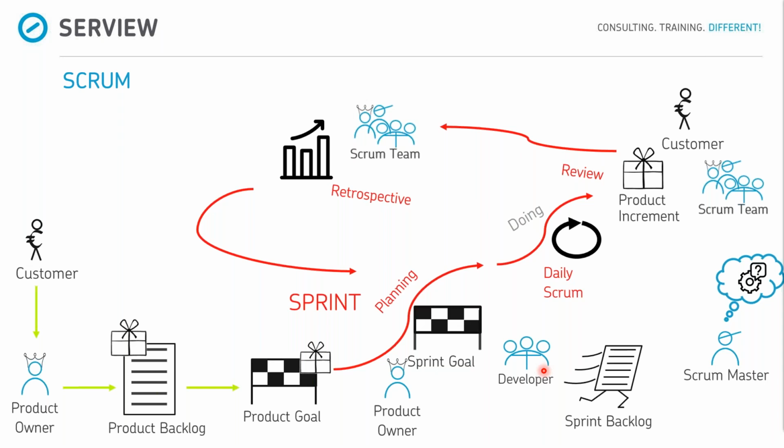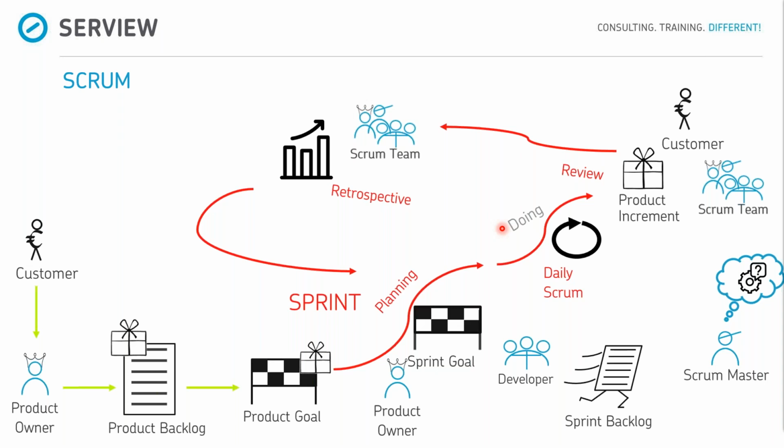And after everyone knows what is to do and how to do this, the doing phase follows. Here the developers develop and work off the chosen requirements. To recognize impediments very fast during development, the developers meet every day in the daily Scrum to give a short update, for example, and to recognize impediments very fast.